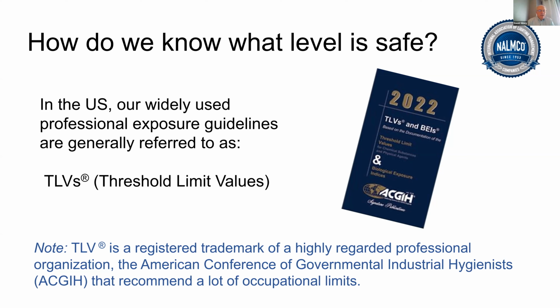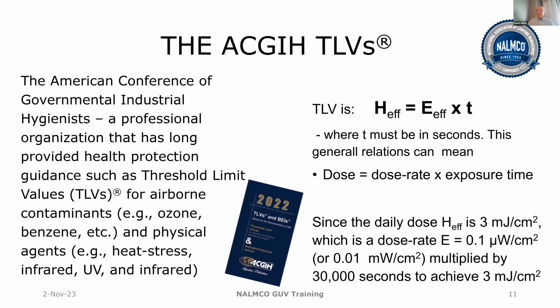I should note that the TLV is actually a registered trademark of the American Conference of Governmental Industrial Hygienists. The ACGIH TLVs are limits for many different work-related airborne contaminants, including ozone and benzene, as I mentioned, and heat stress and UV and infrared.